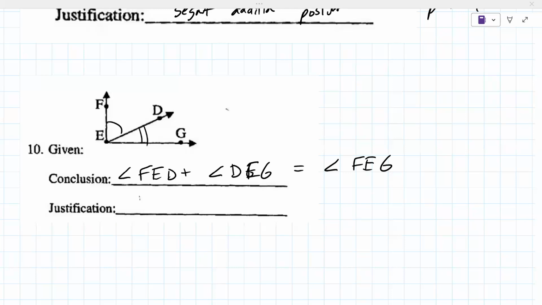Then would that one also be angle addition postulate? Exactly. So I think you're getting the hang of that part for sure.